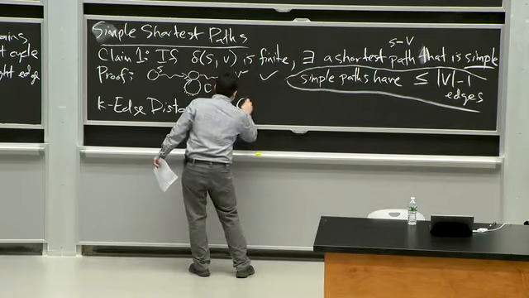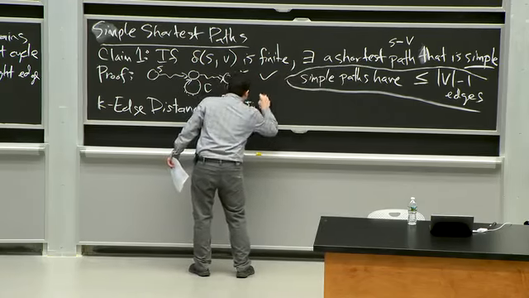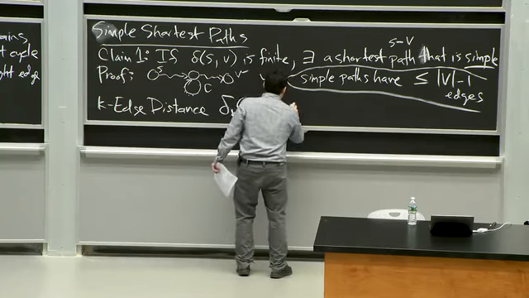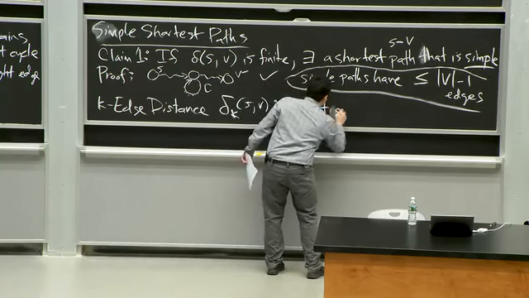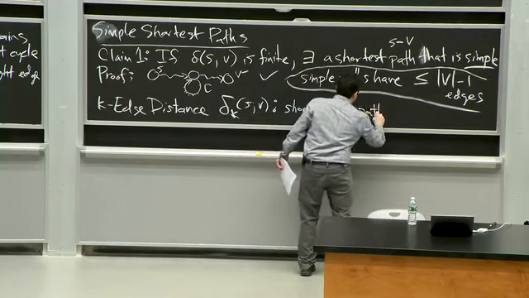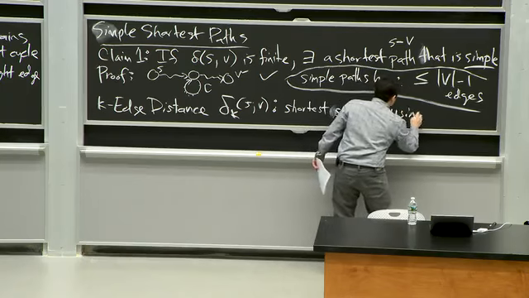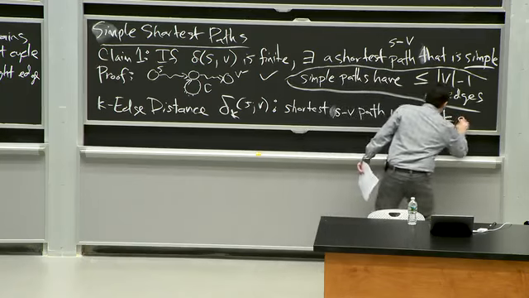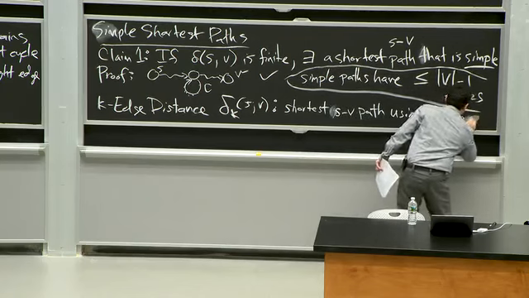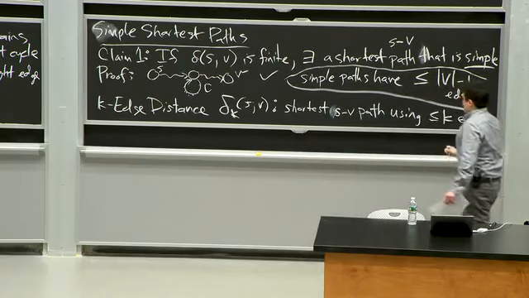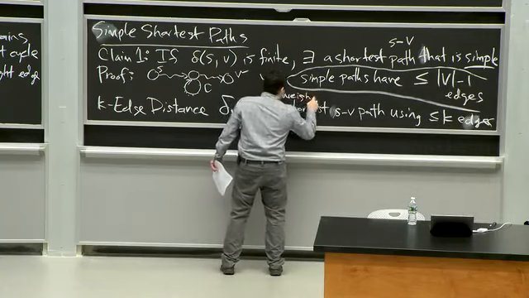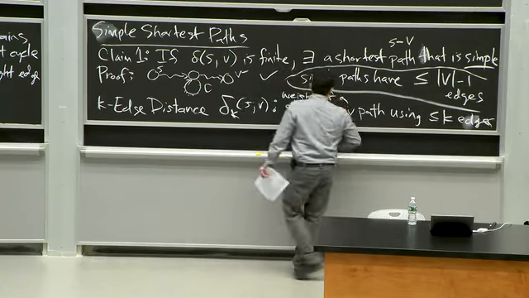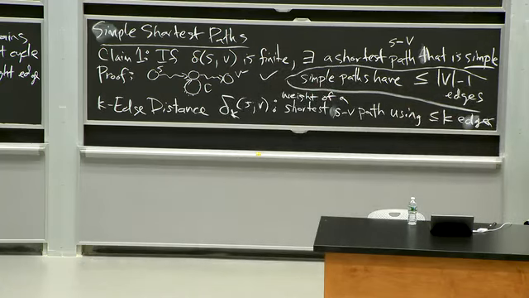So delta k from S to V is the weight of a shortest S to V path using at most k edges.